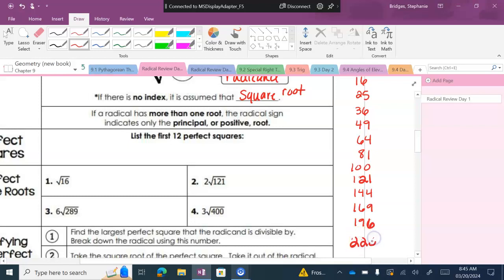Okay. So those are your first 15 perfect squares.